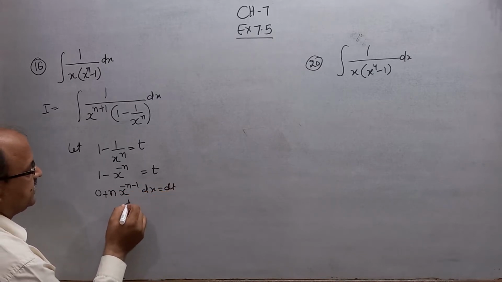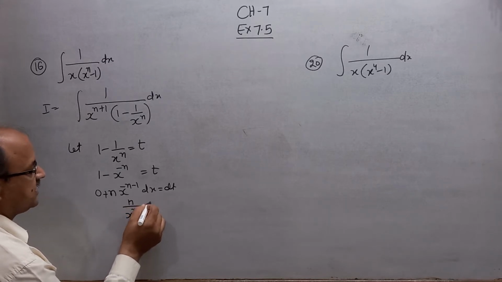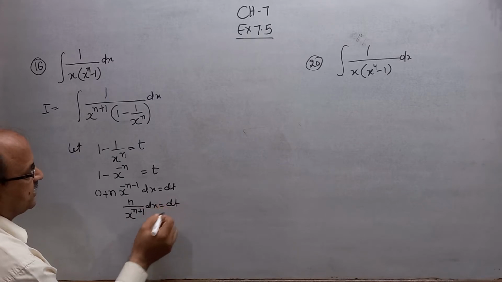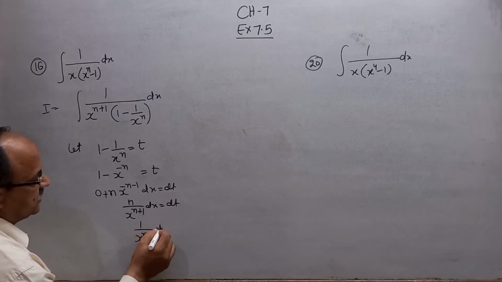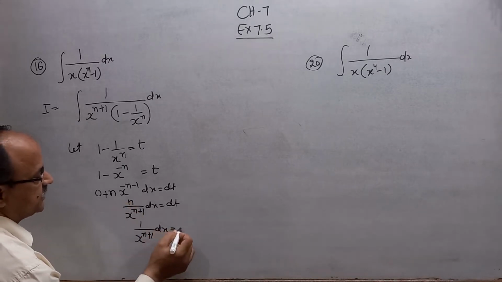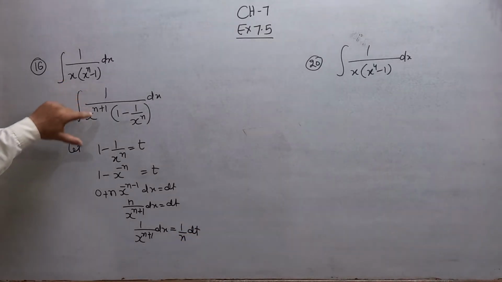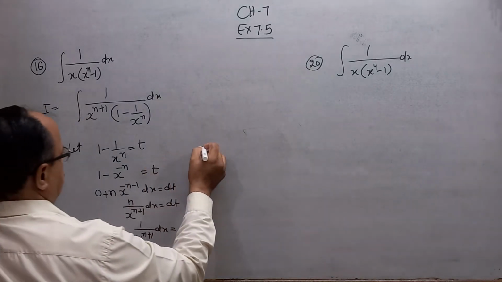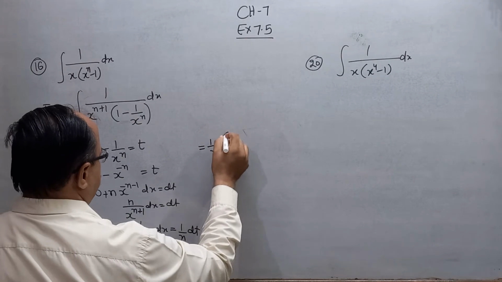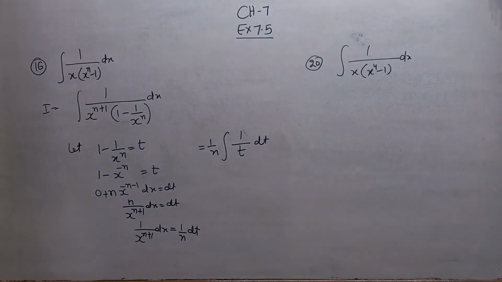This can be written as n upon x to the power n plus 1 dx is equal to dt, and therefore 1 upon x to the power n plus 1 dx is 1 by n dt, since n is the extra quantity, shifted to the right hand side. Clear? So the integral becomes 1 by n, 1 upon t dt.